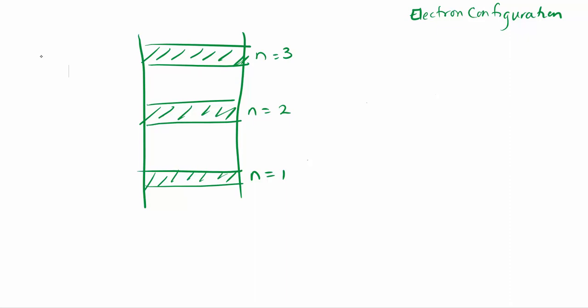Now, an electron in the n=1 principal energy level is going to exist in what's called an s orbital. That s orbital is a spherical shape. Every one of our principal energy levels has an s orbital, so that spherical candy coating.